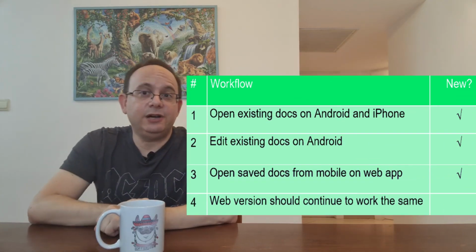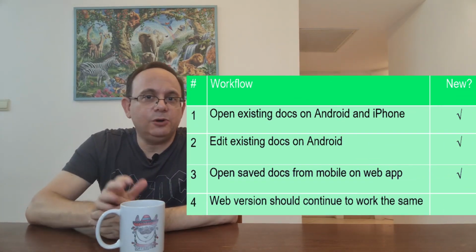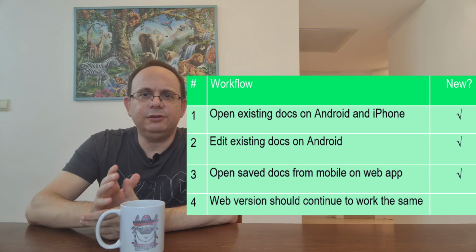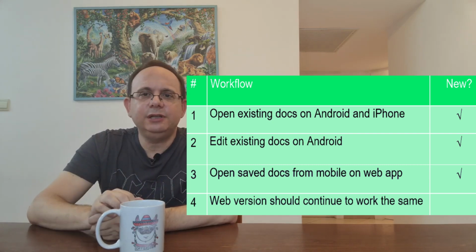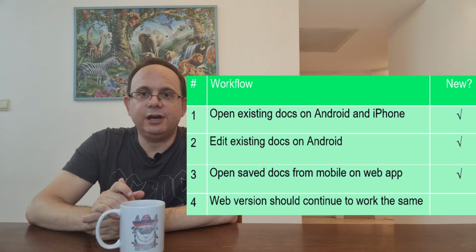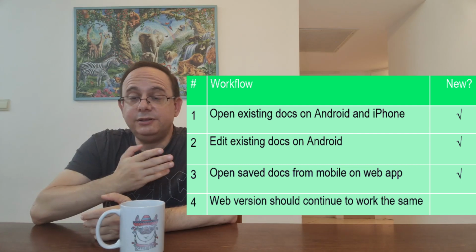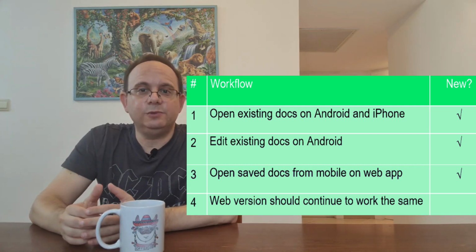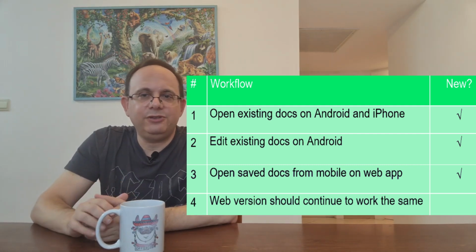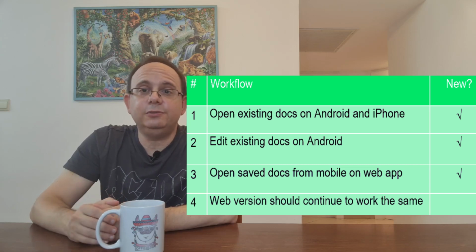All of these workflows are new, but for example, open existing documents on Android and iPhone, we didn't specify what type of documents and which documents are more important than others. It's just a general main guideline. Also on our list, we didn't specify existing workflows, other than everything on the web version should continue to work.